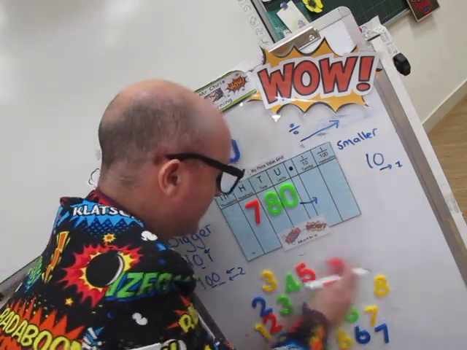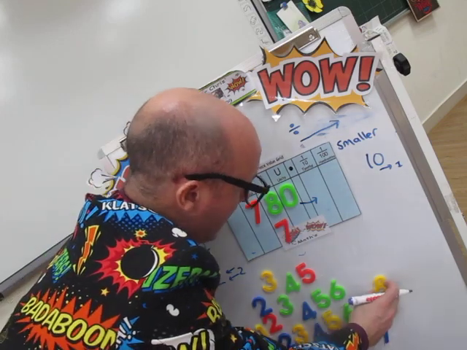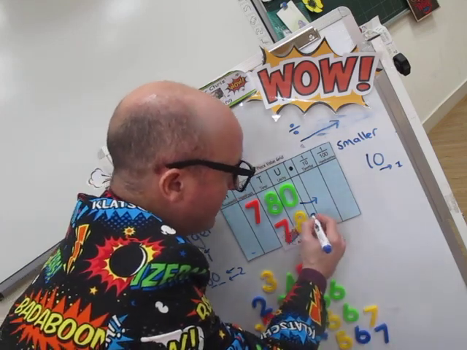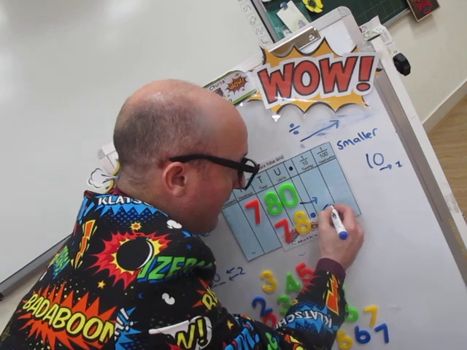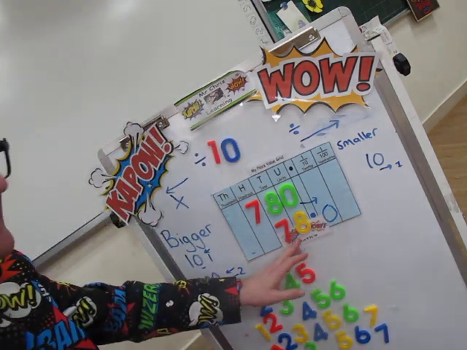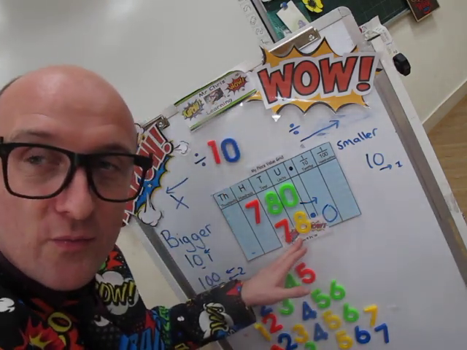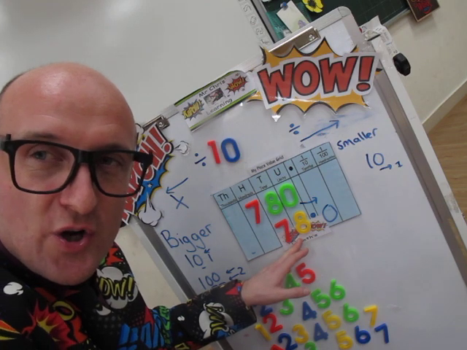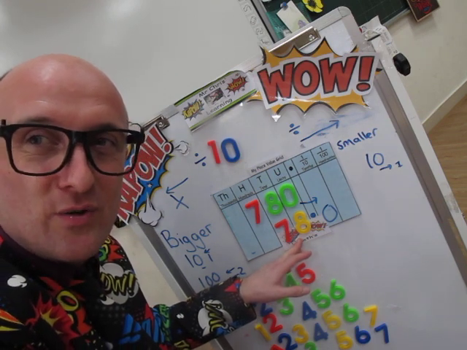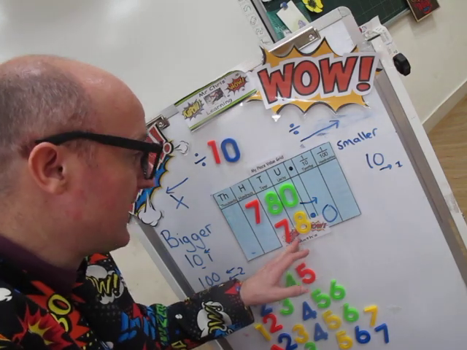So the 7 goes there, the 8 goes there, the decimal point, don't forget that decimal point. Now, not 780, it's 78. Excellent, well done. You don't say you're 7.07 years old, you say you're 7 years old, so 78.